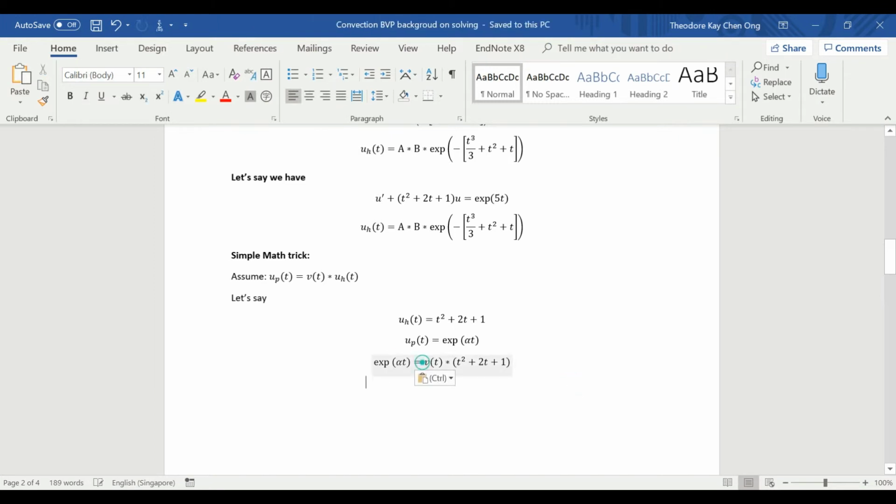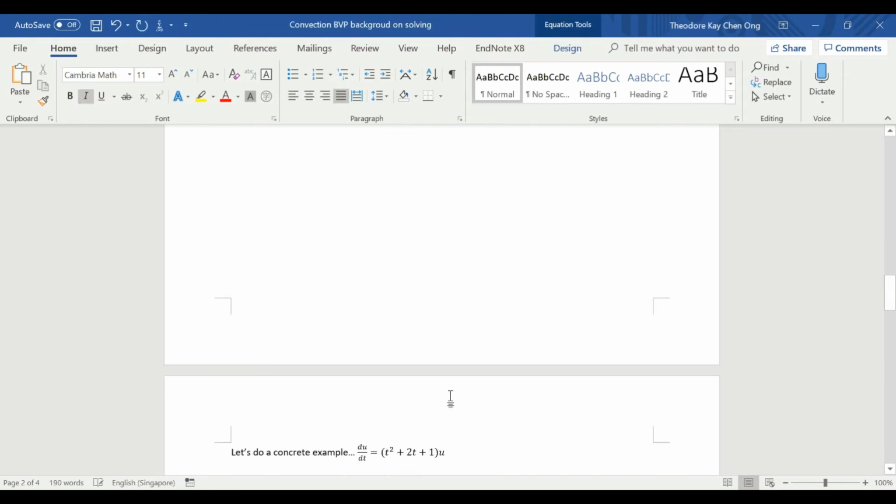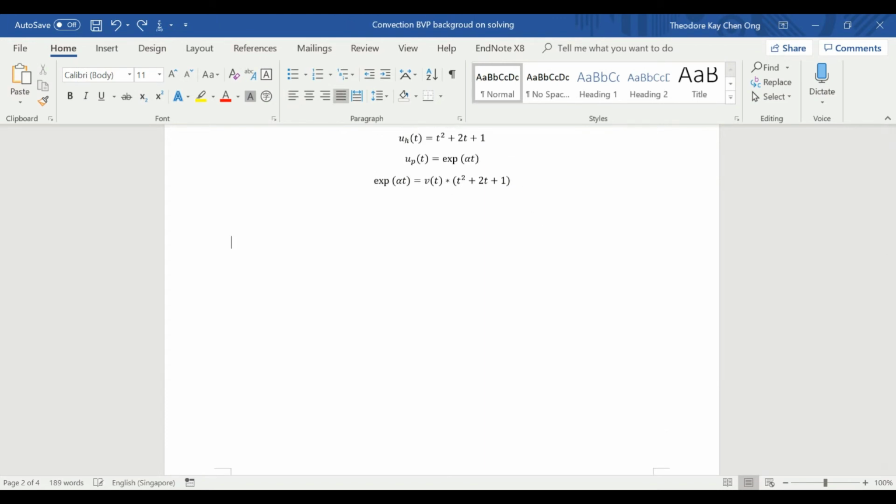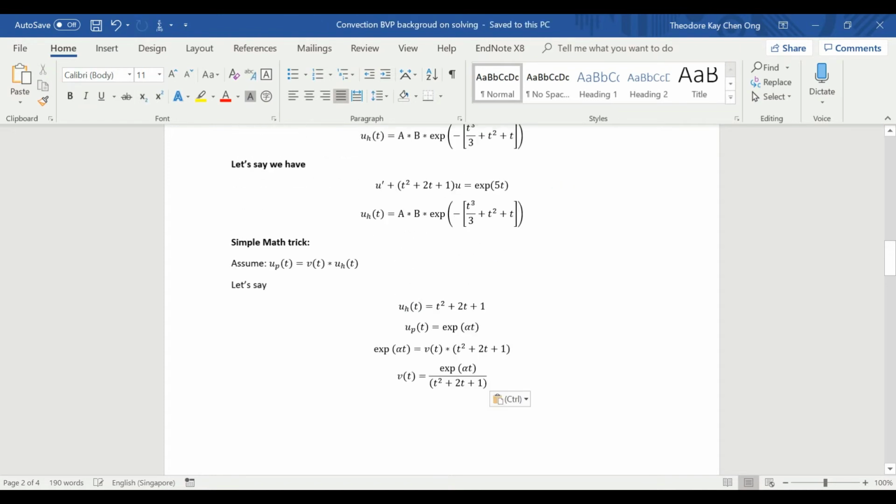And now we can find that v(t) equals just the exponential of alpha t over this, which is the homogeneous part. So no matter how strange your homogeneous and particular solutions are, as long as we can still find a v(t), which is what we use to vary the parameters, it will still work.